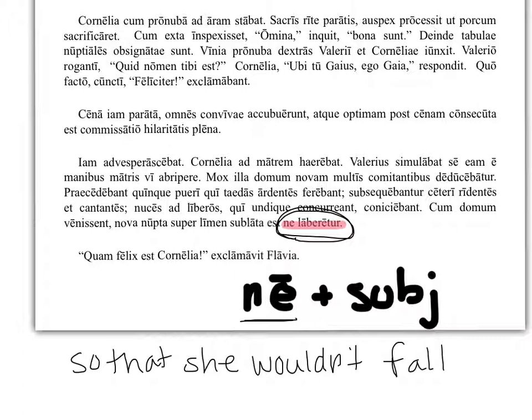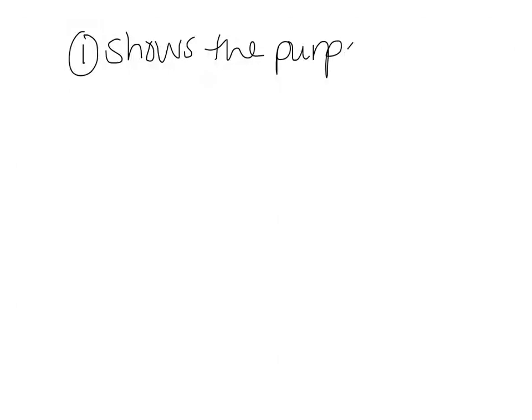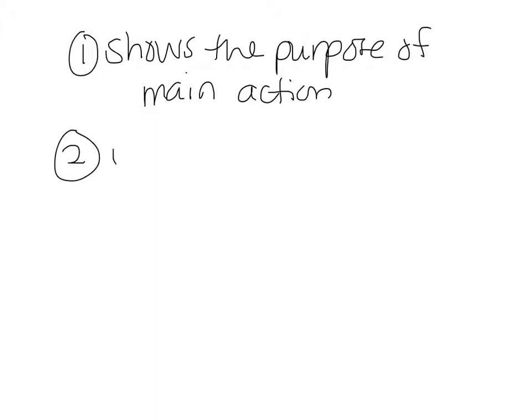So to review, a purpose clause shows the purpose of the main action. The second thing we need to remember is that ut introduces it if it's positive, ne if it's negative.